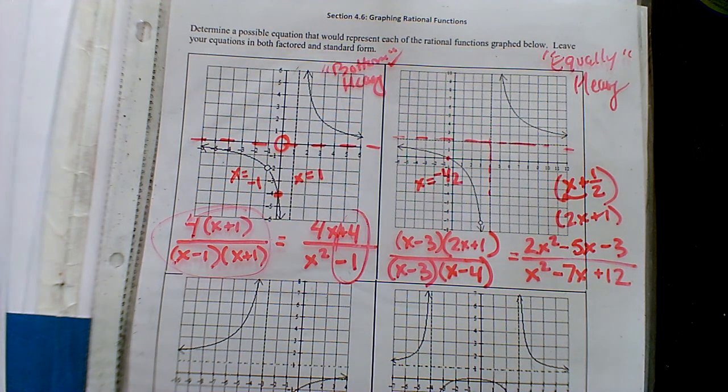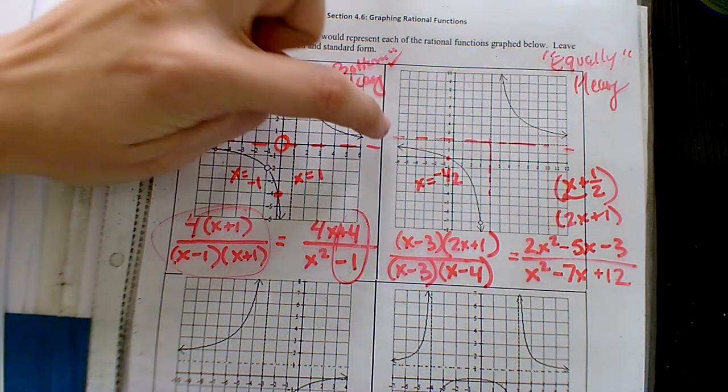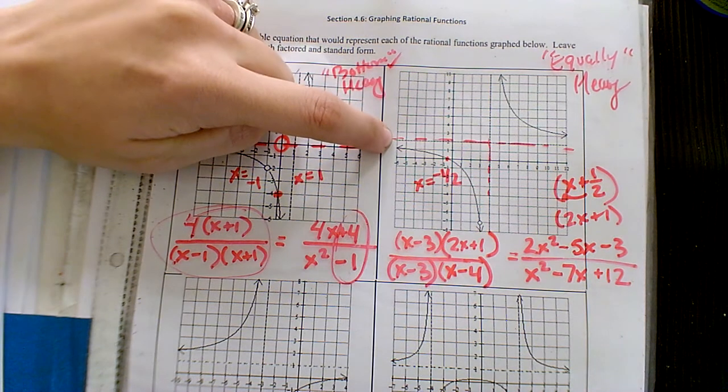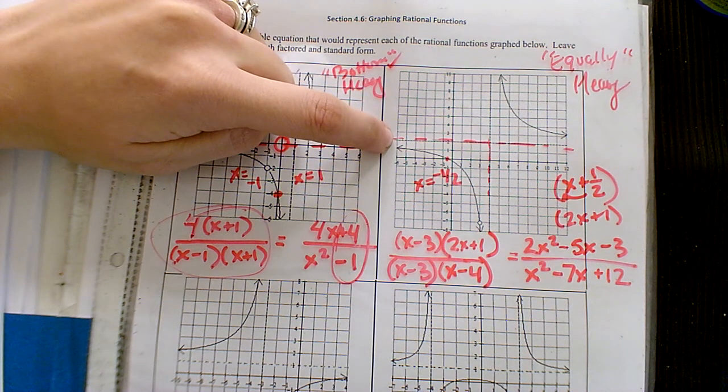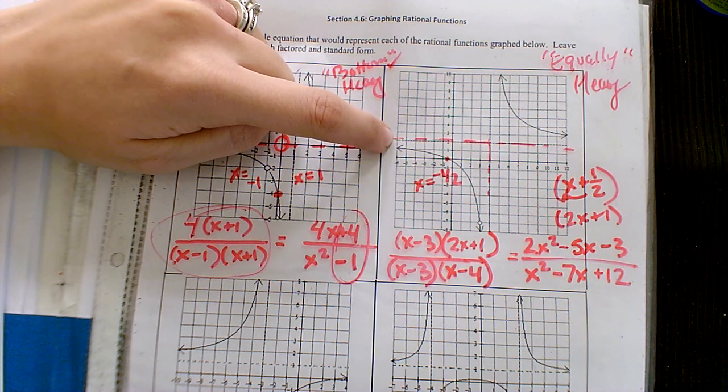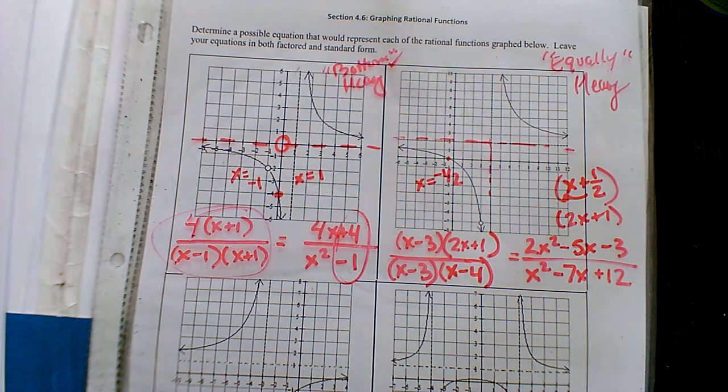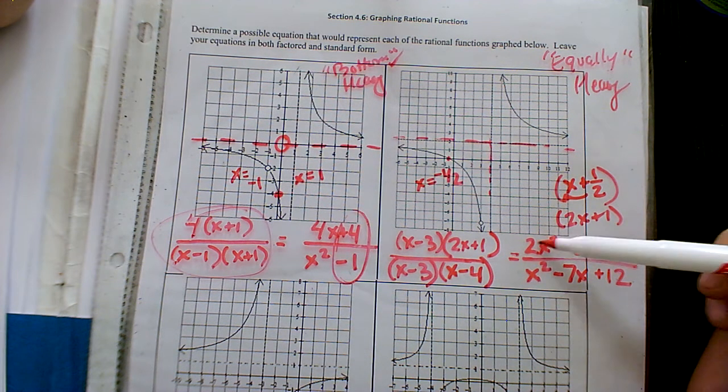Okay, so they're equally heavy. Can we confirm that the y asymptote or the horizontal asymptote is actually at 2? How does our equation verify that? Yeah? Because our leading coefficients divided by each other equal 2.